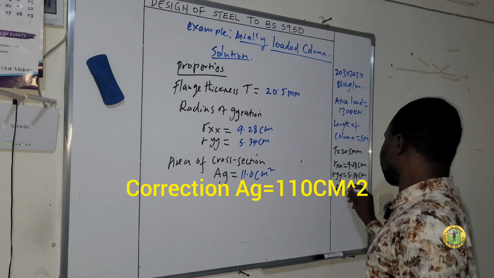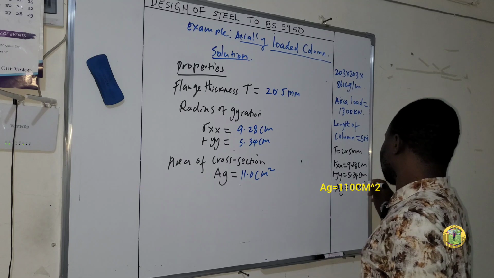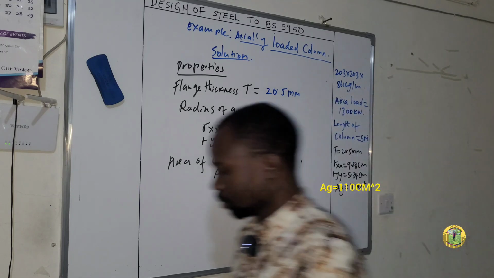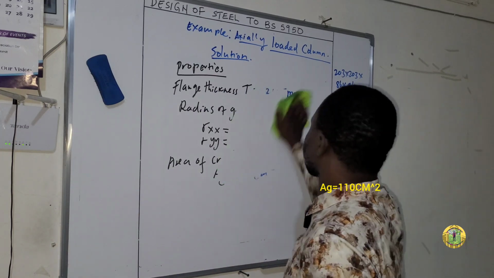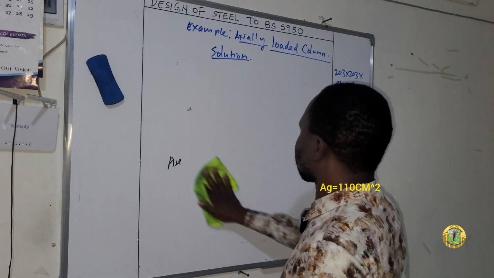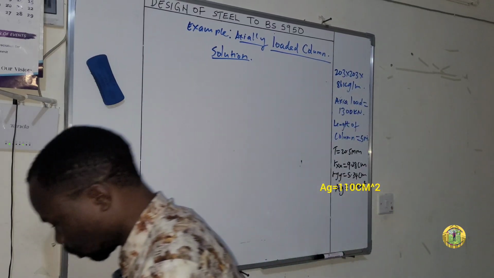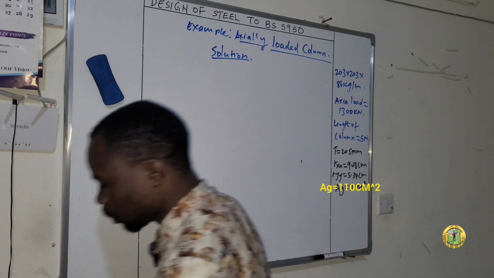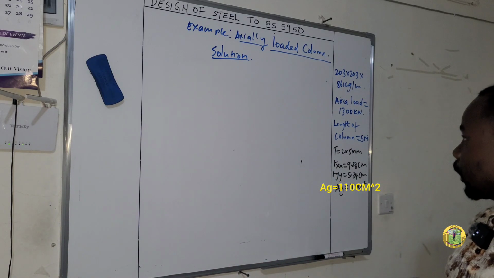We have the AG is equal to 11.0 centimeter square. So let's now calculate the slenderness ratio.